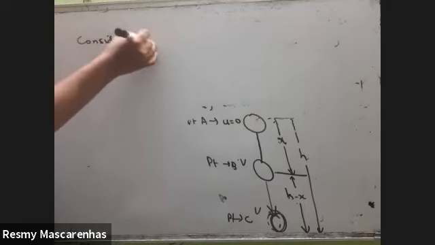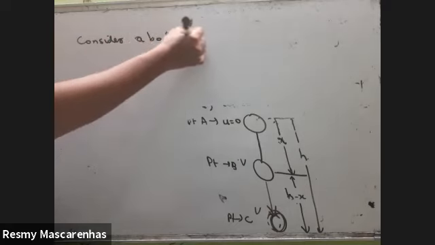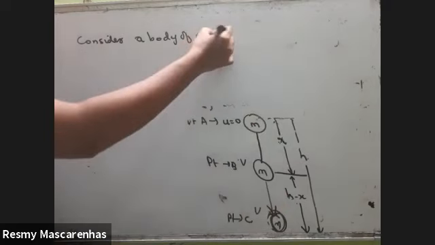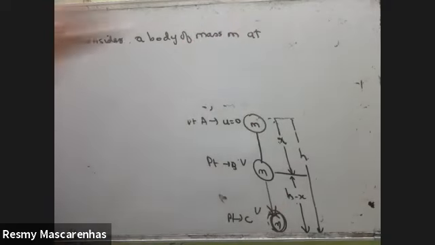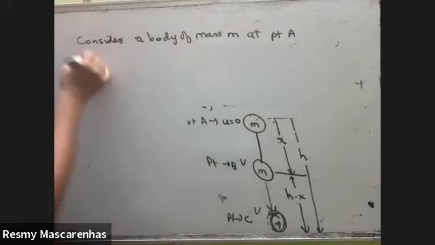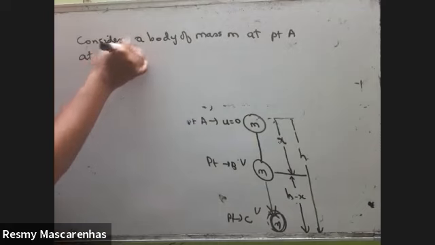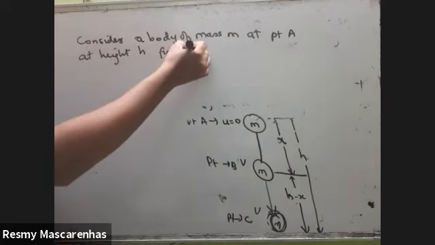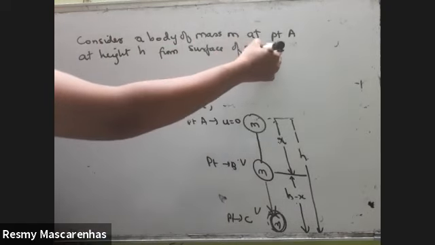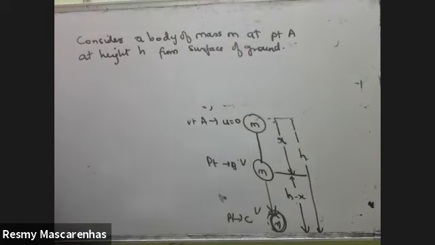Consider a body of mass m at point A, at a height h from the surface of the ground.